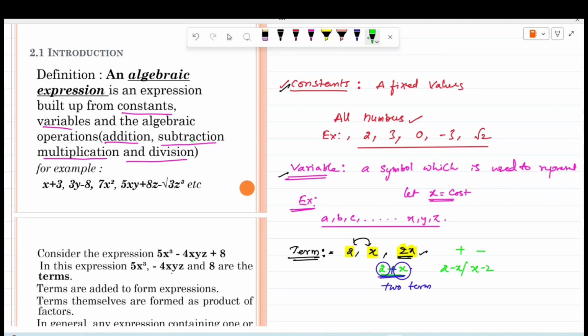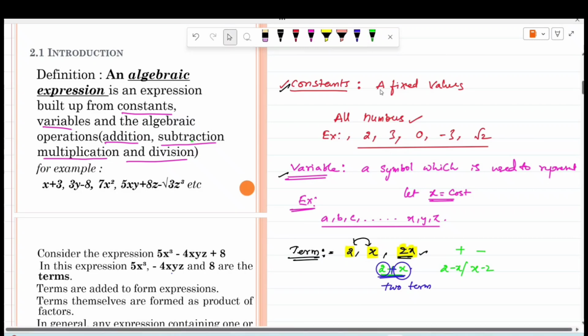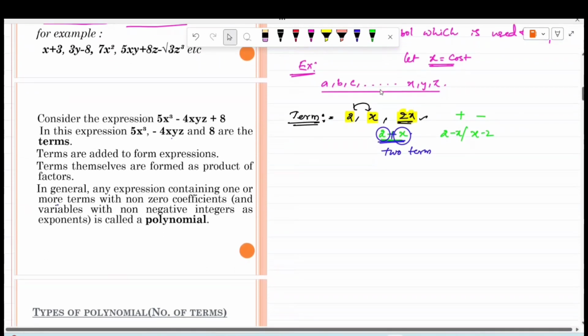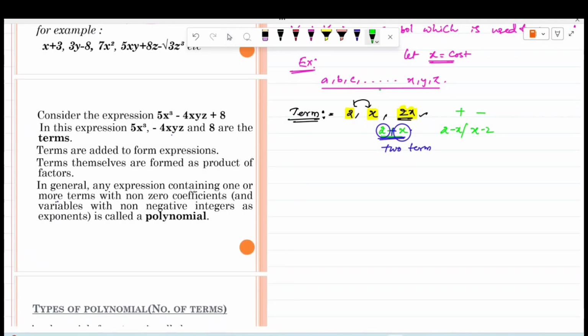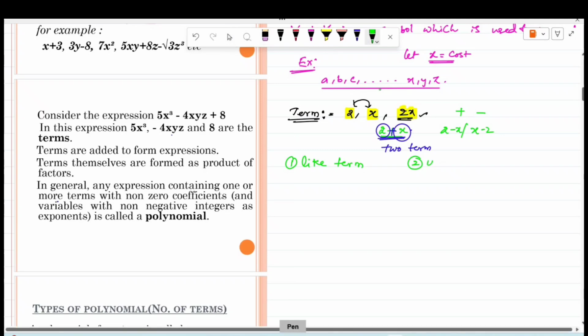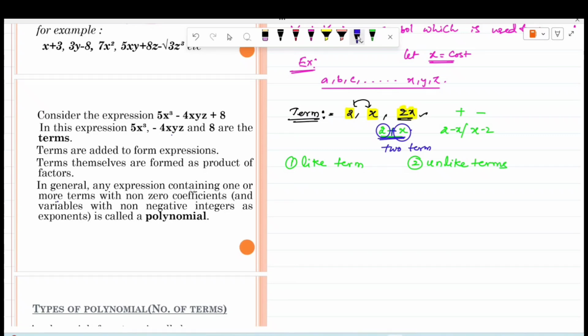And in these terms, we should have some clarity. The clarity is, I'll write this. The first is like terms, and the second one is unlike terms. What is meant by like terms? What is meant by unlike terms?